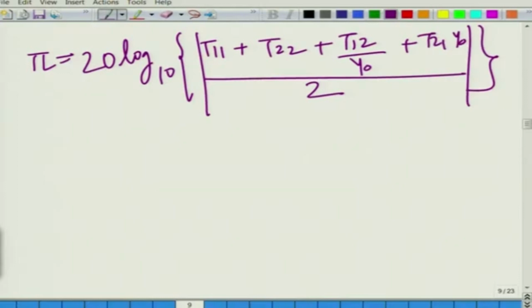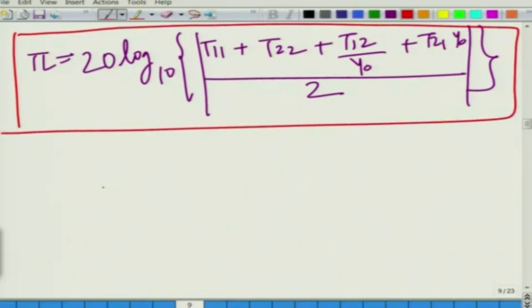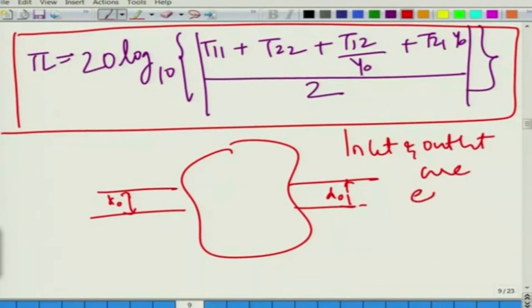So, we get this sort of a thing for the transmission loss of any general element, but with the condition that inlet, this is y naught and this is also y naught, inlet and outlet are equal.